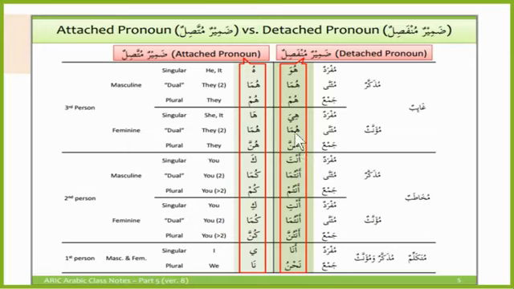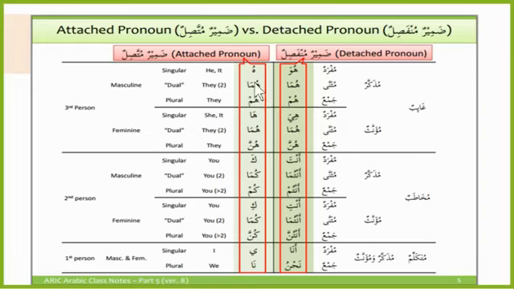So by default, that word contains the pronoun in it. It's called mustatir. It is hidden. Hidden means that by default that verb is containing that pronoun.